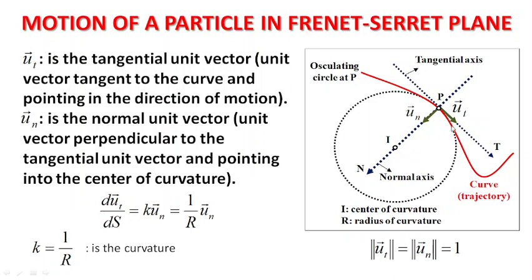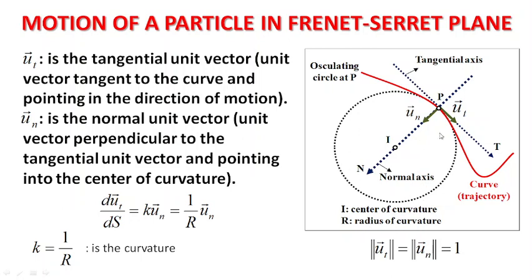The two unit vectors are ut and un. Ut is the tangential unit vector, tangent to the curve and pointing in the direction of motion. Un is the normal unit vector, perpendicular to the tangential unit vector and pointing into the center of curvature. The radius of this circle is the radius of curvature.